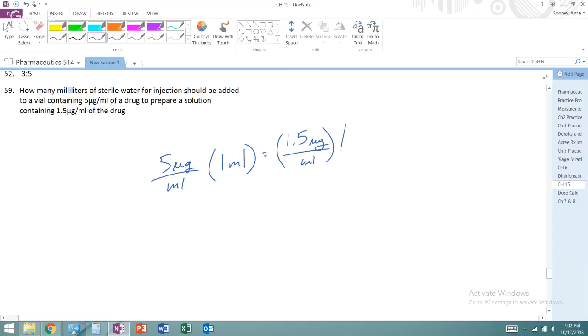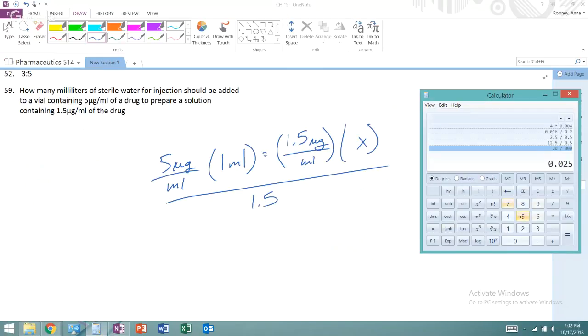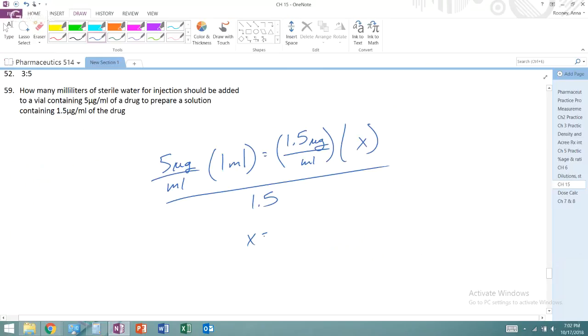And we just don't know how many mLs of equivalent that would be. So 5 divided by 1.5, that would be 3.33 mL, repeating on to infinity.